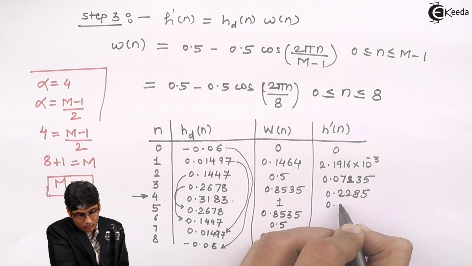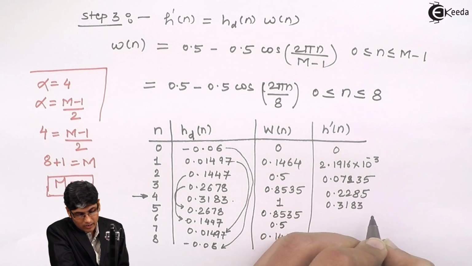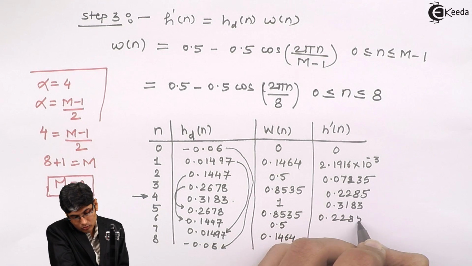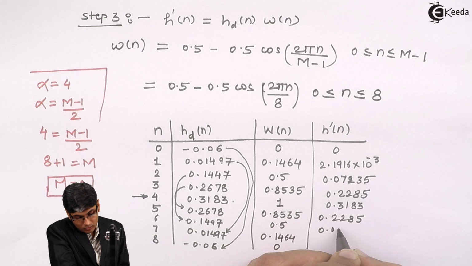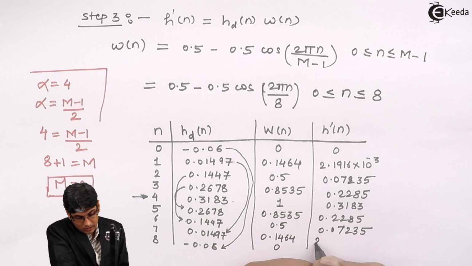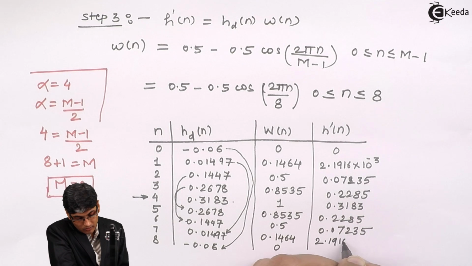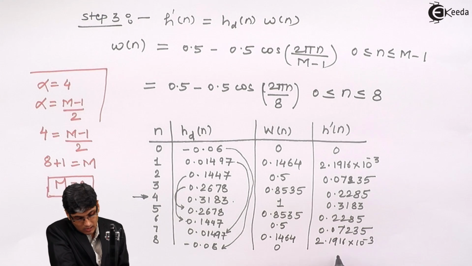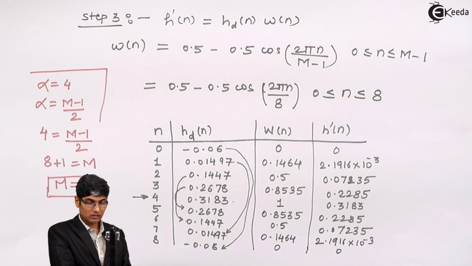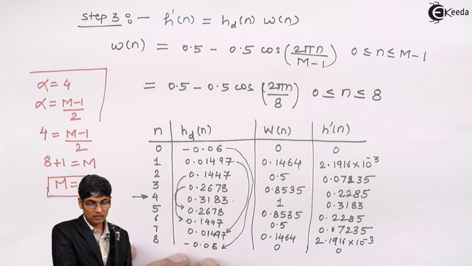Then we have 0.3183. Then we have again 0.2285. Here it will be 0.07235, and lastly here you will get 2.1916 into 10 raised to minus 3, and lastly it will be 0. So this is the final answer of the design problem.